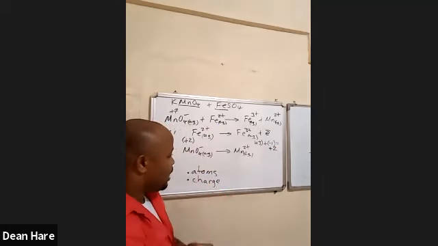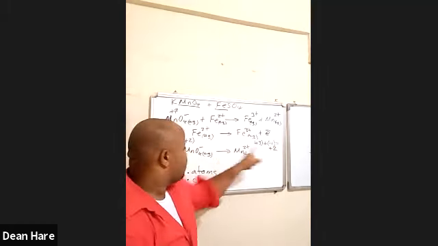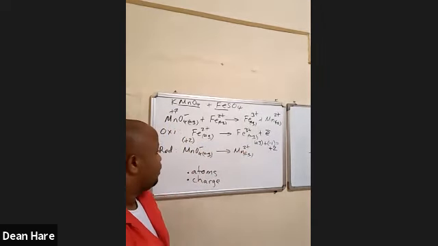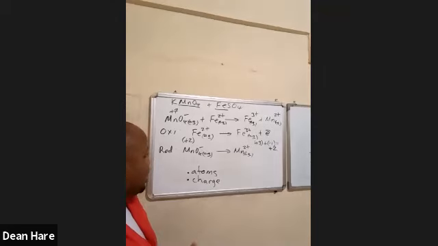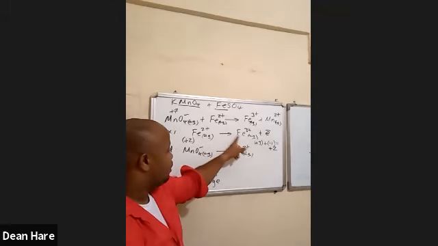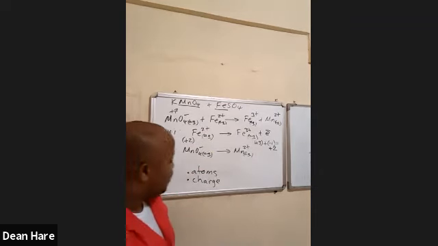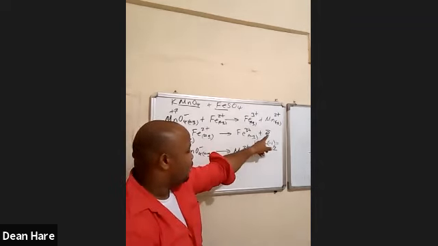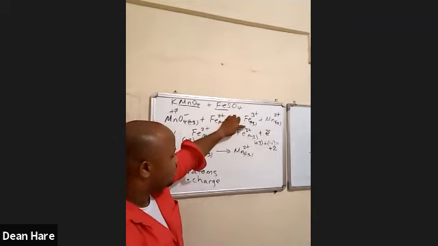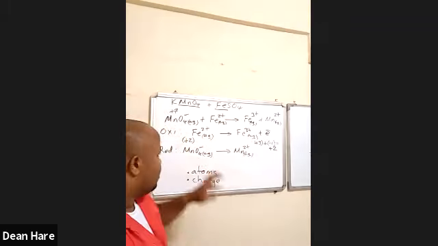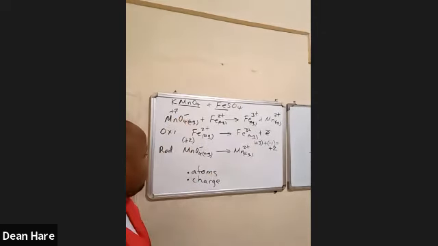So now you can see that the charges on both sides of the equation are equal. You first balance it in terms of atoms and then in terms of charge. All we needed to do was add one electron to bring the charge from +3 down to +2, and this equation is completed.